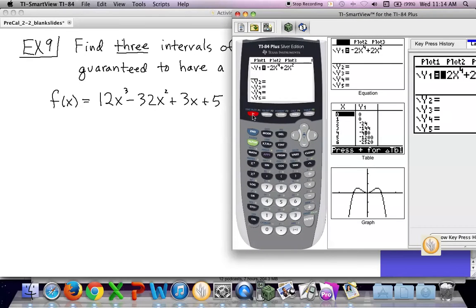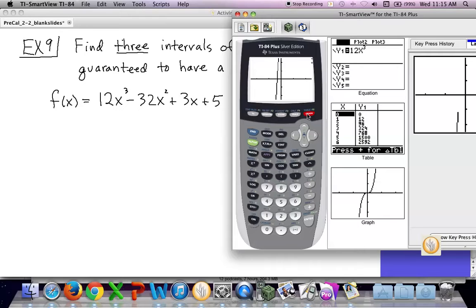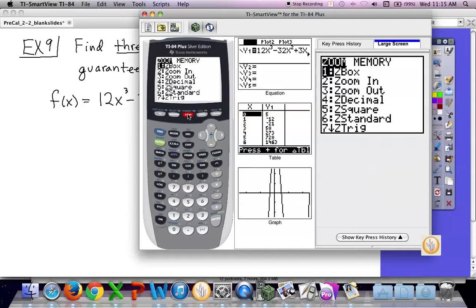So y equals, clear, 12x to the third minus 32x squared plus 3x plus 5. And let's look at the graph. In fact, let me zoom out. Zoom 3.